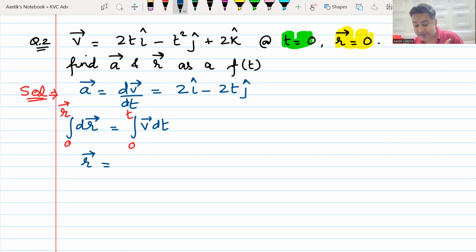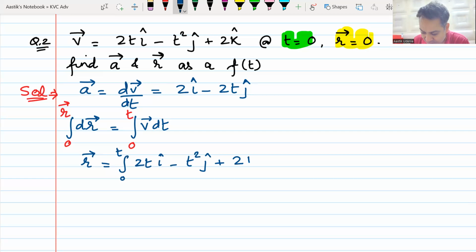On the right hand side, I just need to integrate this. So I will just write integral from 0 to t of 2t i minus t square j plus 2 times k, the entire thing multiplied by dt, and I need to just integrate this and get the value of r vector as a function of time.